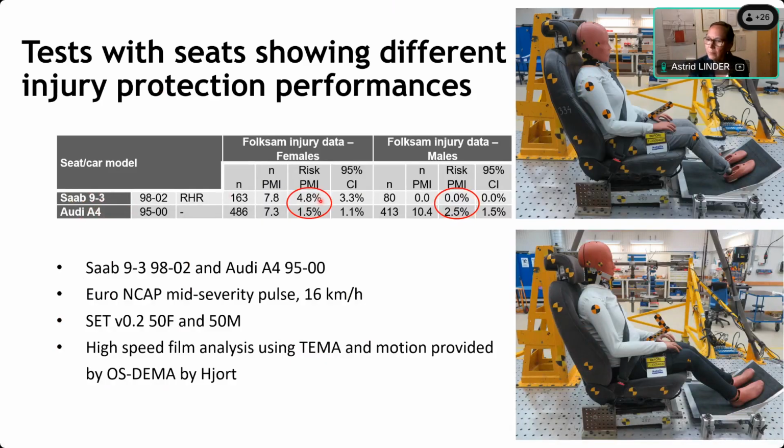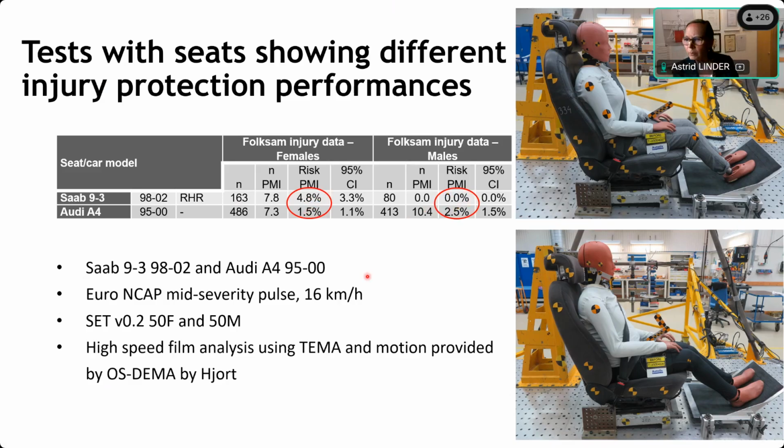And we selected them because they have very different protection performances for females and males. Saab with a much higher risk of injury for females and zero for males. The Audi seat shows the opposite, where there's a higher risk for males than for females.